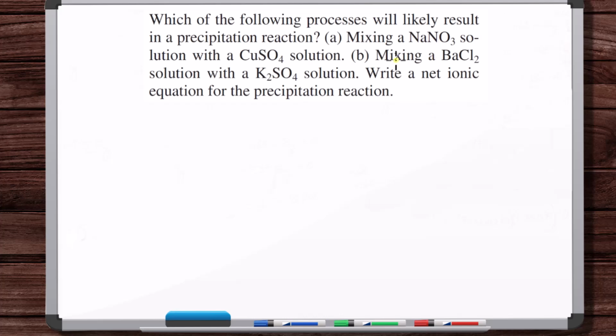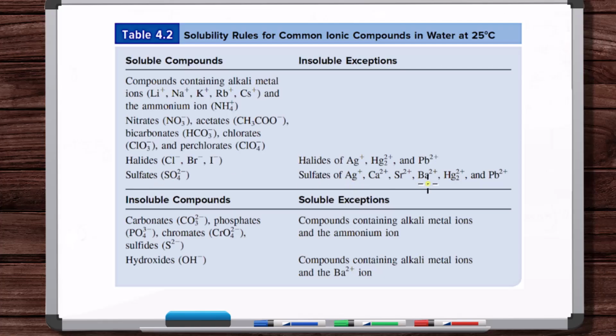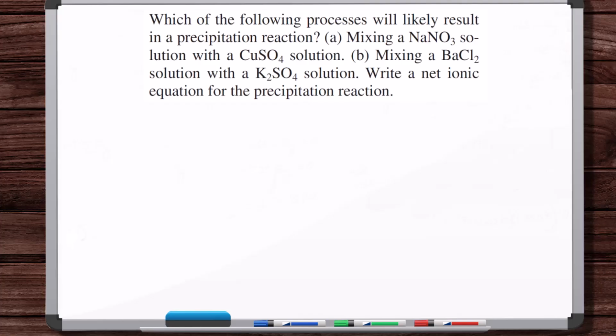All right, so now what about B? So barium, Ba2+, and sulfate. So sulfates are soluble, but an insoluble exception is involving barium. So there we go. We can say that part B is going to be the most likely to result in a precipitation reaction. So we've got this barium chloride is telling us that this is a solution. So this is aqueous solution, right?